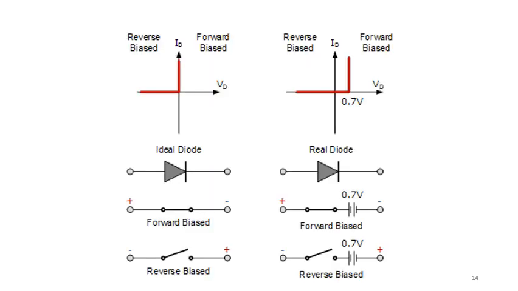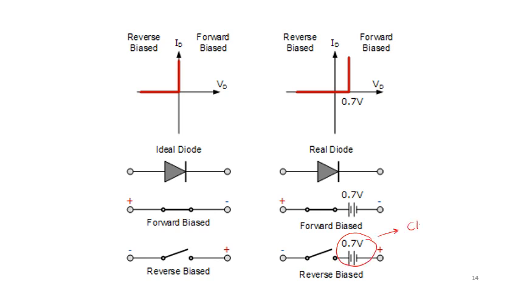So this is a question that you should be questioning. What happens exactly when I have an ideal diode and what happens when you have a real diode? So basically, if it is an ideal diode, it will not have that barrier potential, and if it is a real diode, it will have a barrier potential of 0.7 volts.